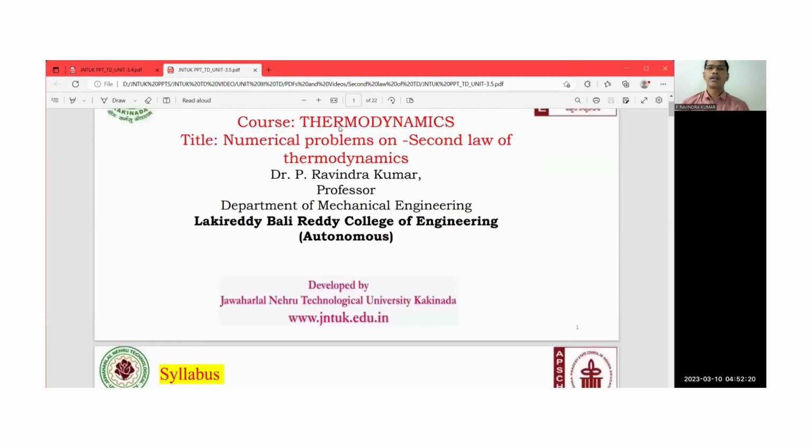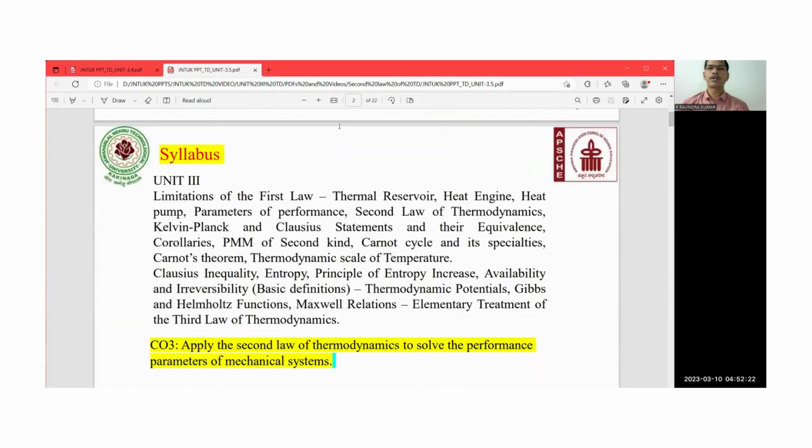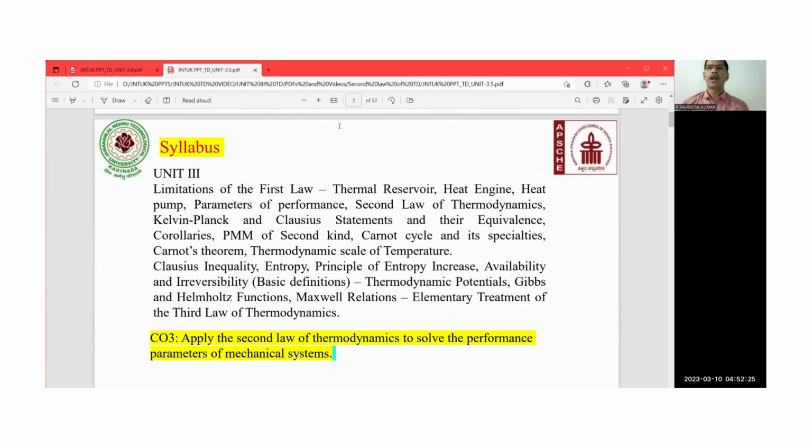So the outcome from this particular course, at the end of listening to this second law of thermodynamics topic, the student is going to apply the second law of thermodynamics to solve the performance parameters of a mechanical system. So what are the performance parameters of a mechanical system?